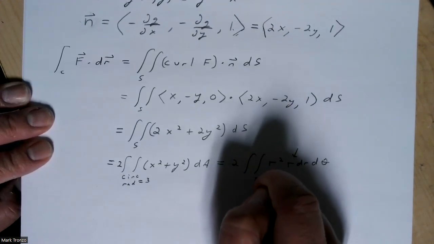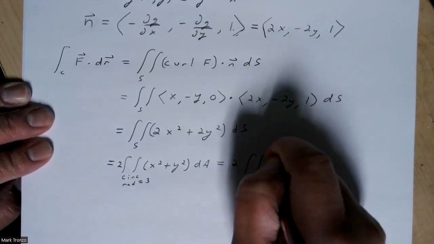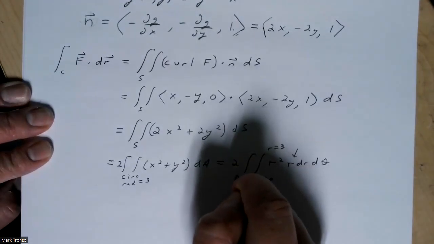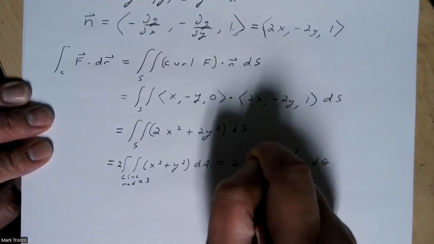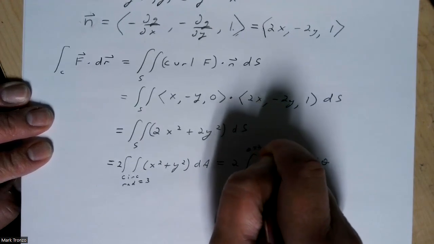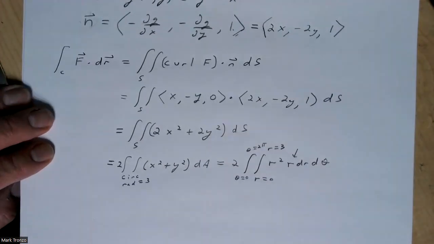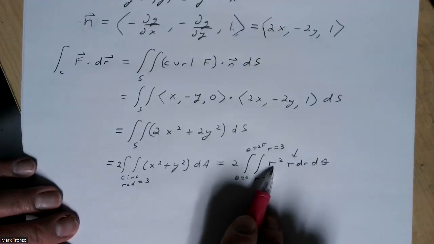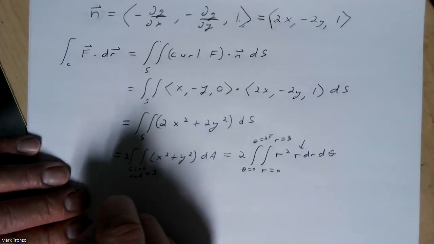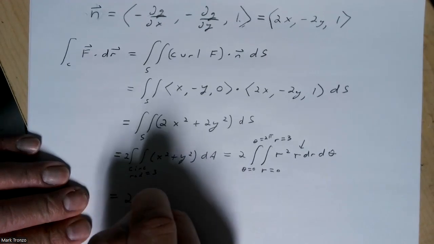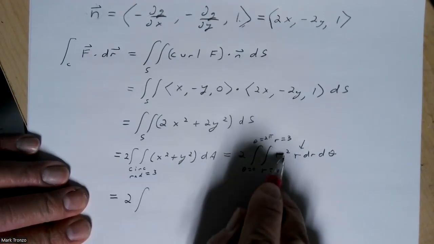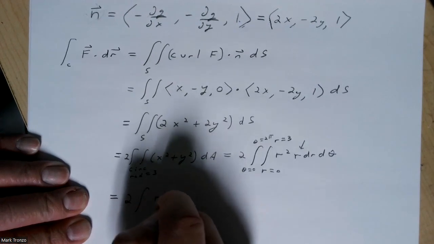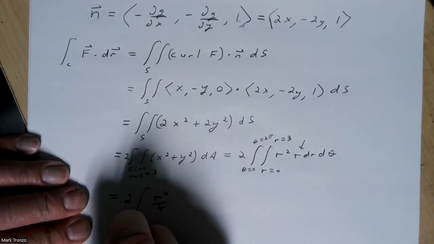Then our bounds are going to be from r equals 0 to r equals 3, because we have a circle of radius 3, and theta from 0 to 2 pi. If we multiply this out, that would be r cubed. Then we integrate that, and that'll be r to the 4th over 4.